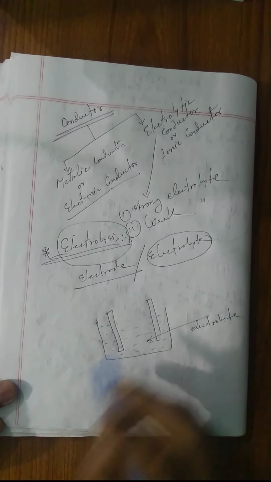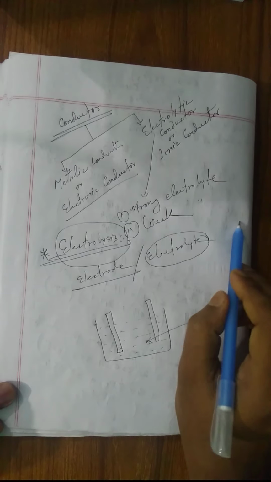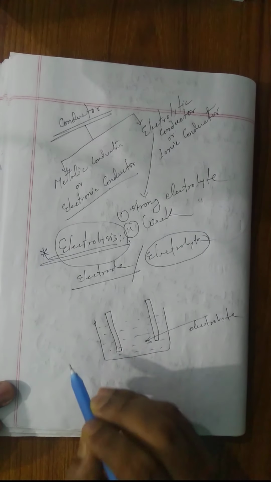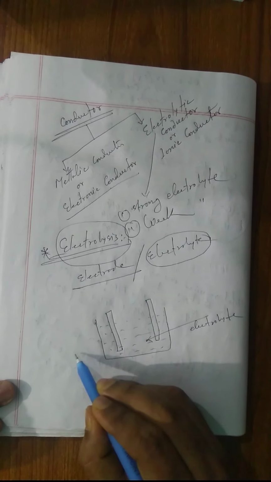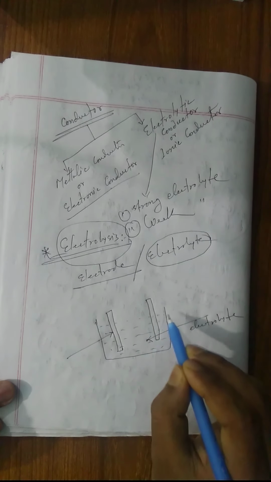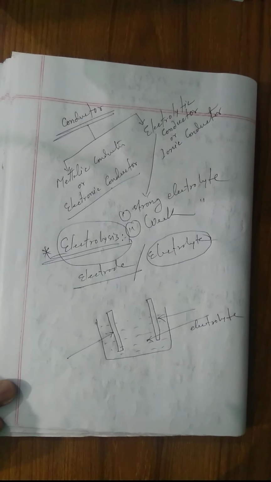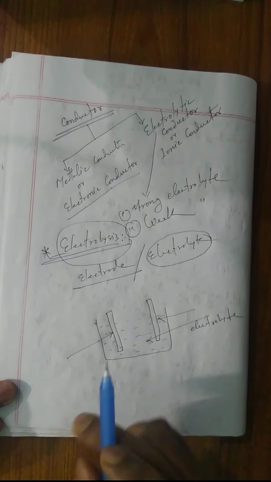So these two metallic or non-metallic conductors are known as electrodes. One is known as anode, another one is cathode. But which one is anode and which one is cathode?